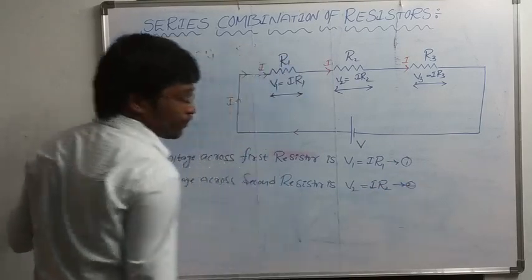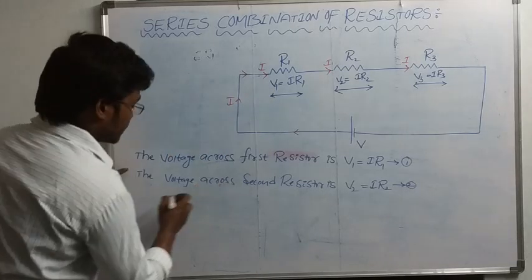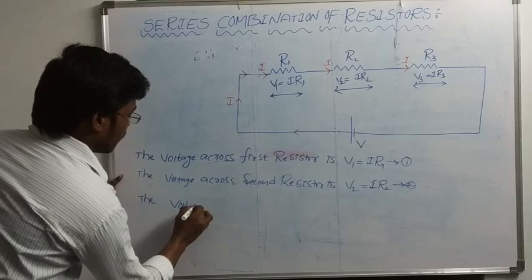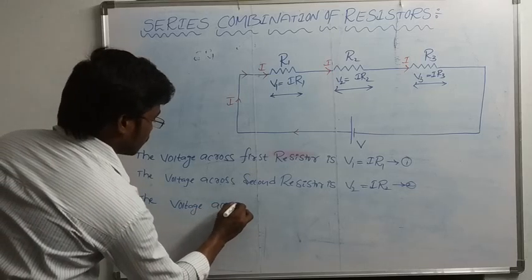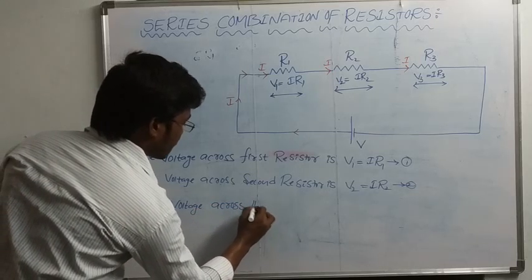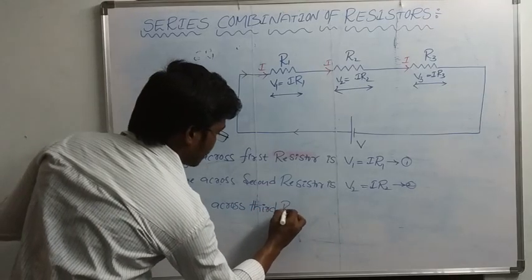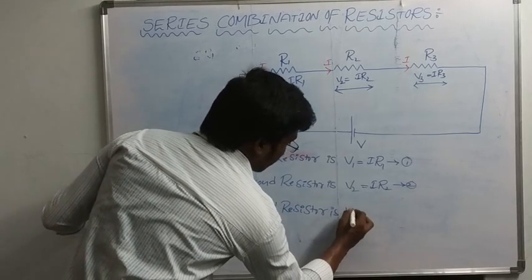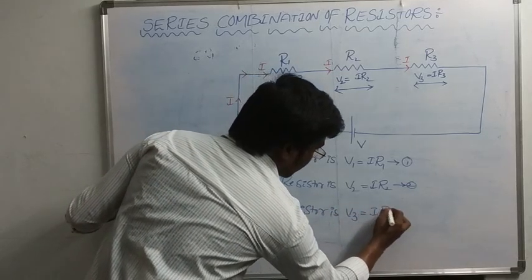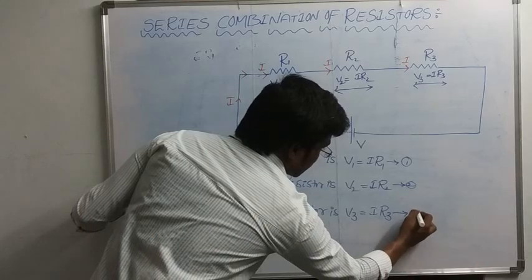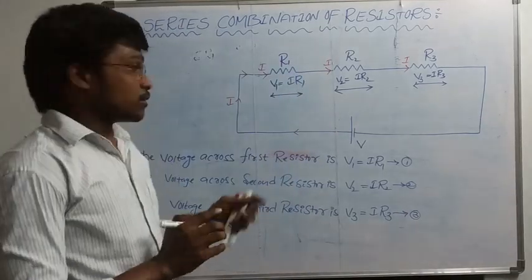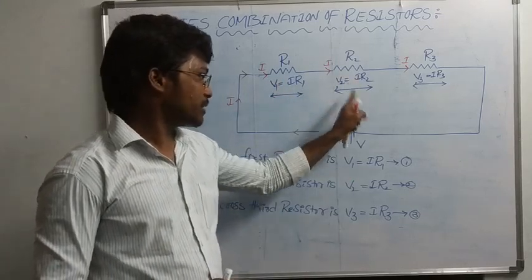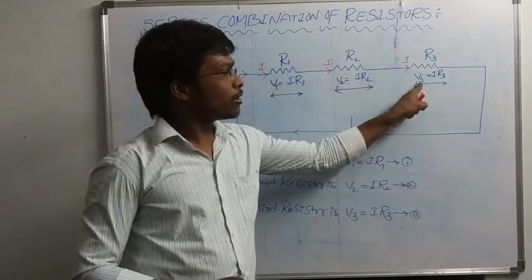This is equation 2. Next one, the voltage across the third resistor is V3 is equal to IR3. This is equation 3.